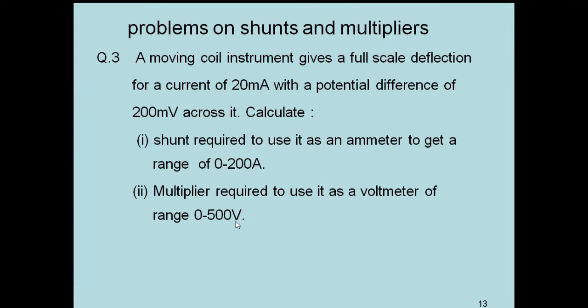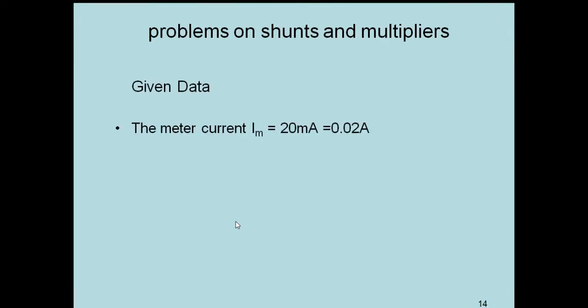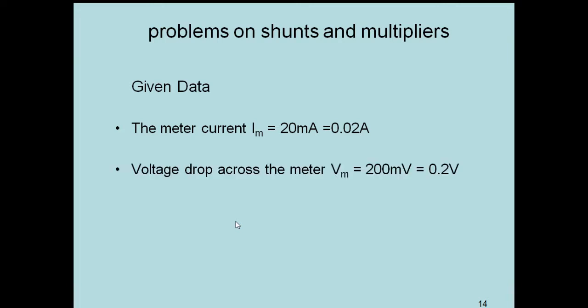So in this, the meter current rating will be 20 milliamperes. It can be written as 1 milli is equal to 10 power minus 3, so 20 into 10 power minus 3 will be 0.02 amperes. And voltage drop across the meter is Vm equal to 200 millivolts, so it will be 0.2 volts.